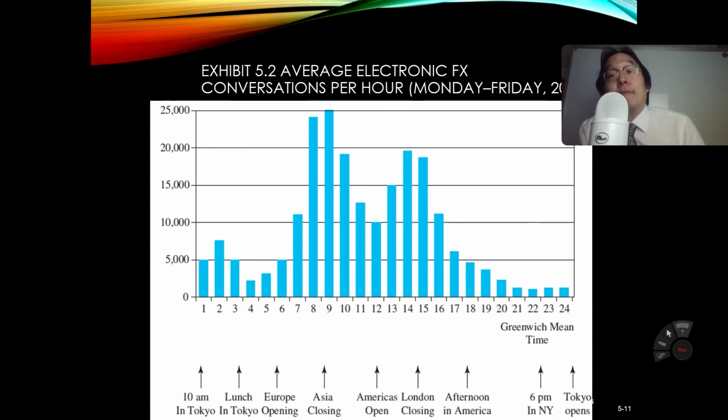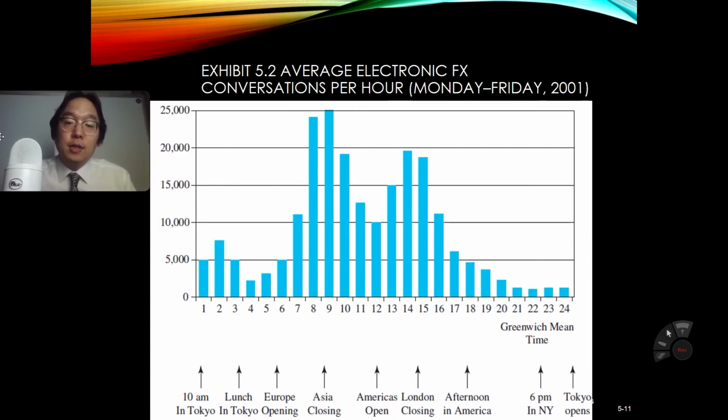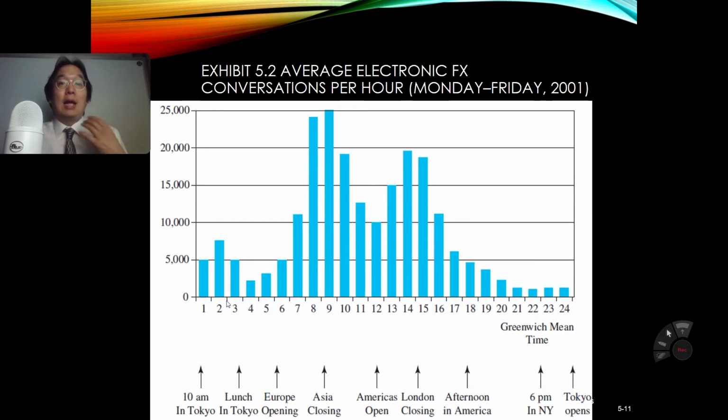The average number of electronic FX conversations per hour, the graph is shown over here. How active are the traders over the 24 hours? One key message is that the FX market never sleeps. 24 hours, 7 days a week.